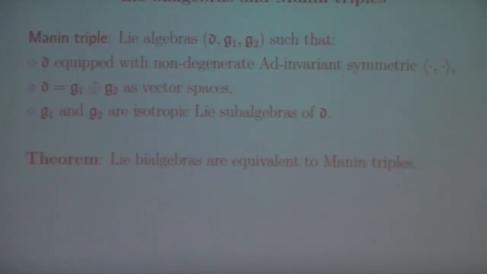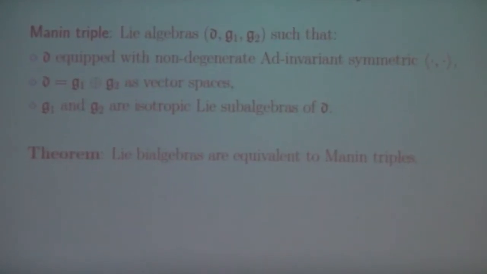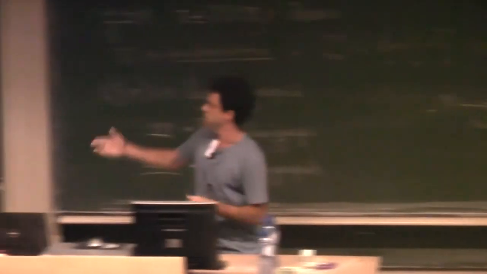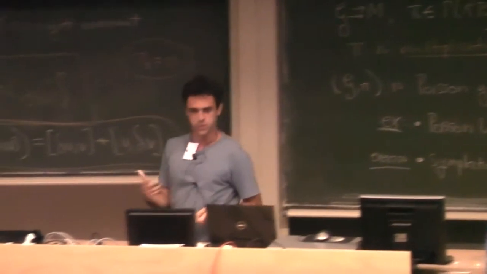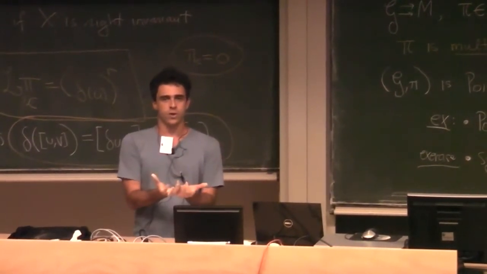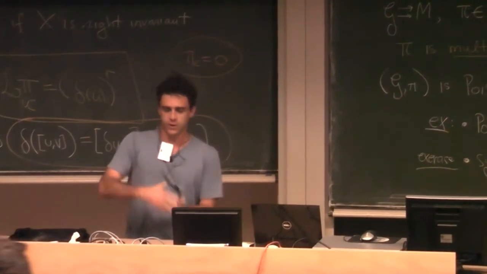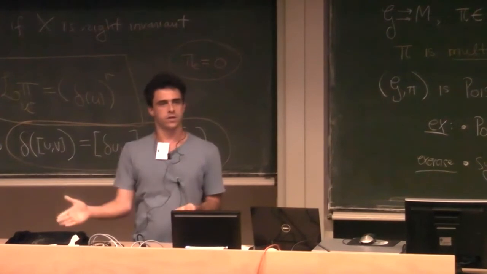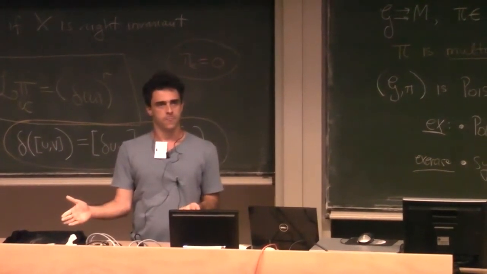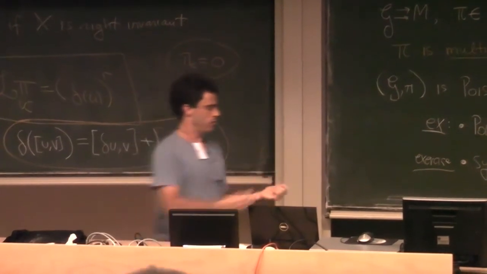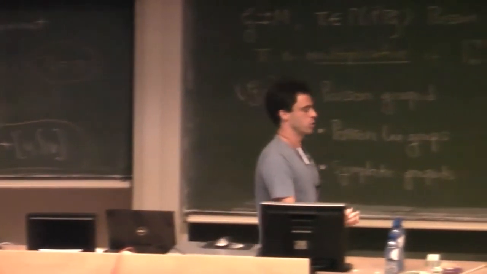And therefore, you immediately see that if you integrate, by the correspondence between Poisson Lie groups and Lie bialgebras, and you find a Poisson Lie group, then they come in pairs. One integrates g, the other one integrates g star. So they come in dual pairs: you have the Poisson Lie group, and you always have its dual.